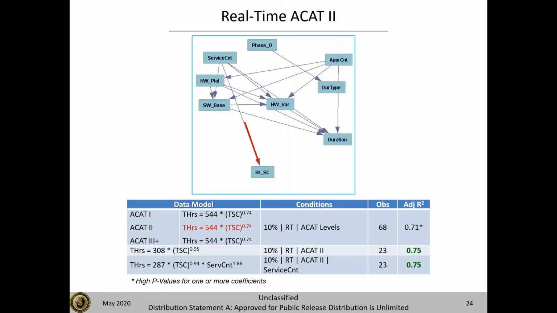For ACAT-2, slightly different equations. The R-squared that we had was not quite as good as the last one, but it was still 0.75, which is not bad. And even though service count impacts it, it didn't improve the R-squared in this case.